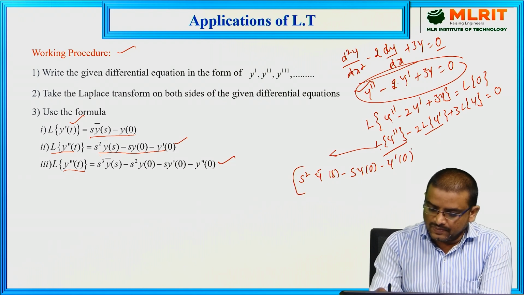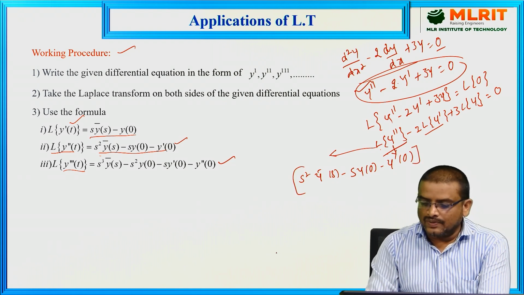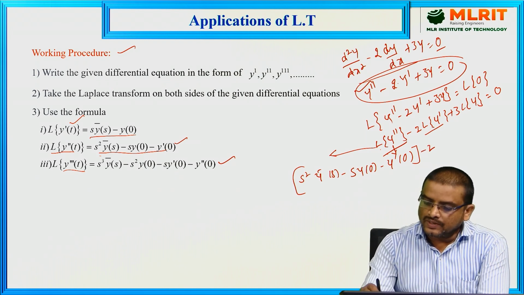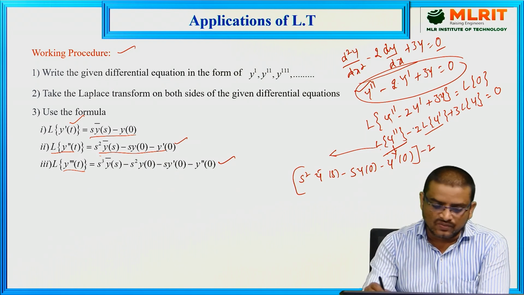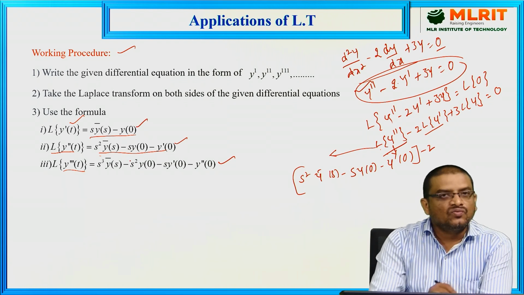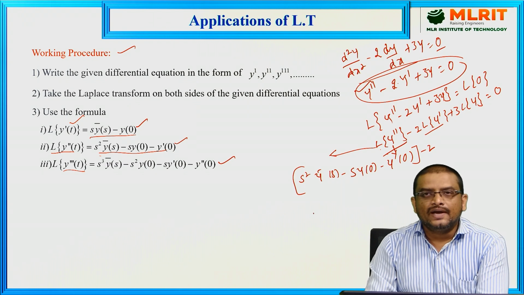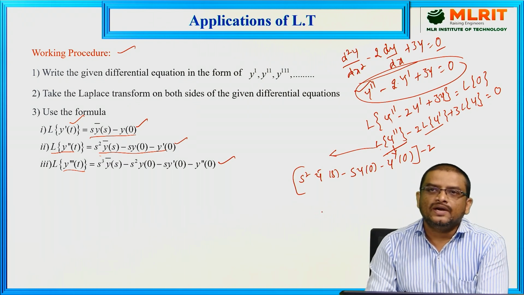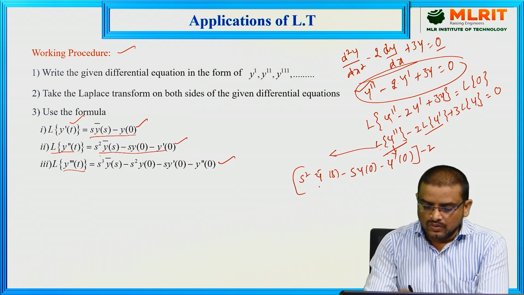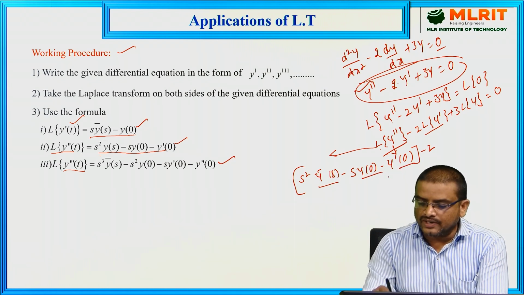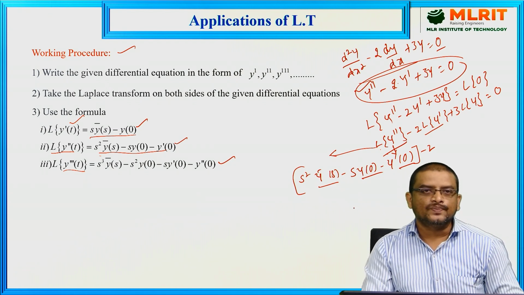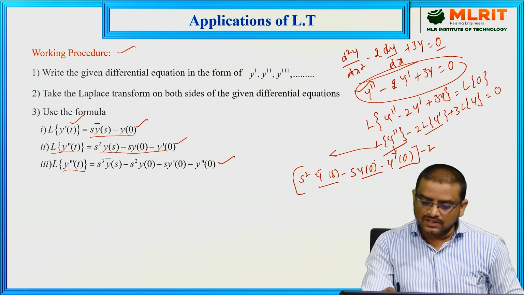So we can replace this Laplace transform of y double dash with this, and similarly you also replace this Laplace transform of y dash by using this formula. So by applying these formulas, Laplace transform of y double dash and Laplace transform of y dash will all be converted in terms of y bar of s, y of 0 and y dash of 0.